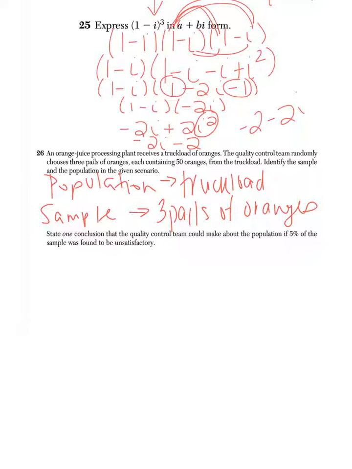So now the second part of this question wants me to state a conclusion that can be made about the population, if 5% of the sample is unsatisfactory.